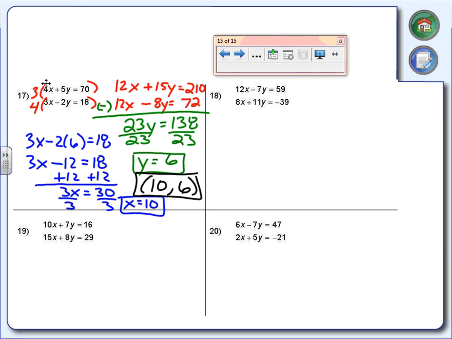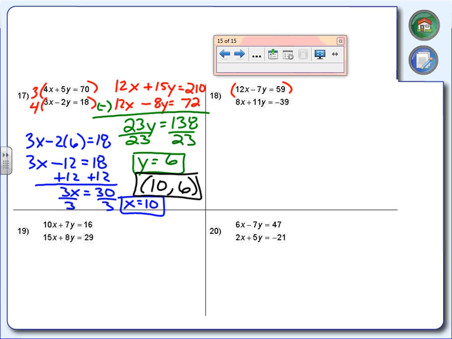I'm seeing a 12 right now, and I'm also seeing an 8. So I've got to figure out what I can multiply by so that these two numbers are exactly the same. I'm thinking 24. I can get a 24 out of this, and I can also get a 24 out of this one here.